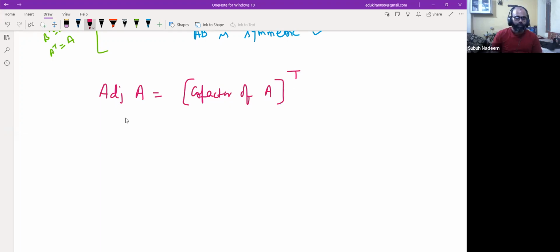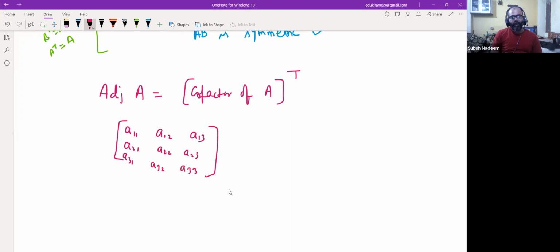Like you have a matrix A11, A12, A13, A21, A22, A23, A31, A32, A33. And you have been asked what is its adjoint. So you will take their cofactors. The cofactor of A11 is generally written as C11. How do we take a cofactor?